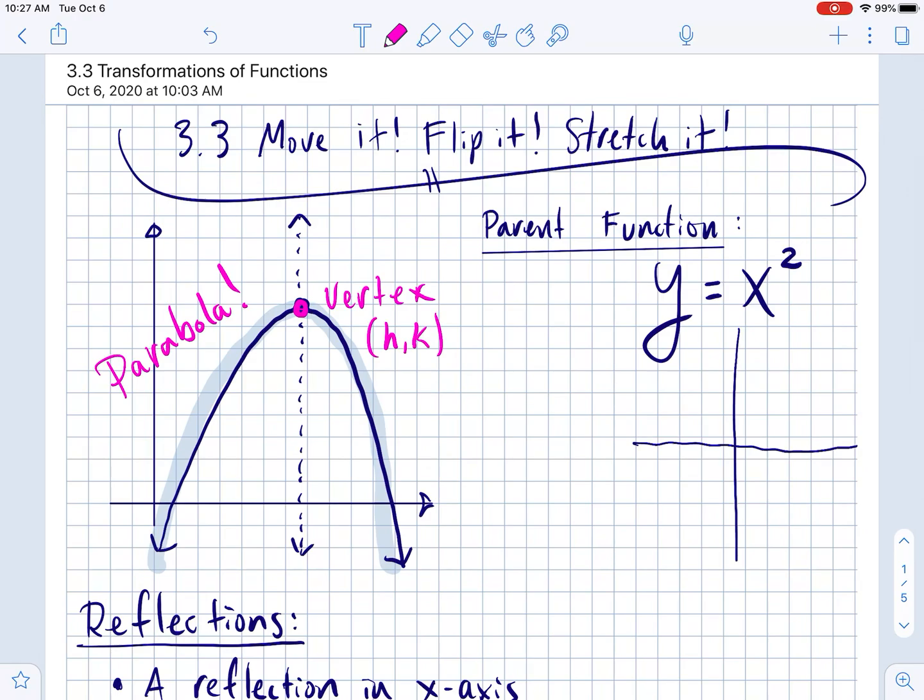Every parabola has this horizontal symmetry, so there's always a line that goes through the middle of it, right here. We are going to call this the axis of symmetry.